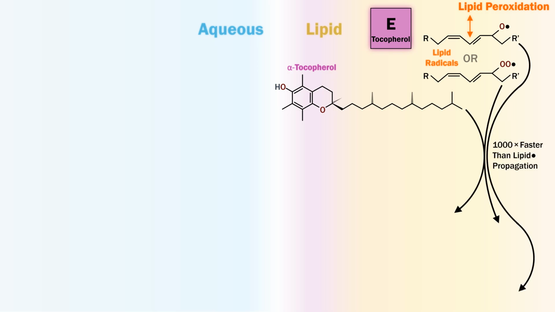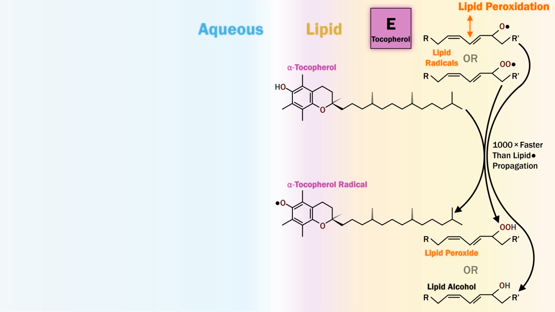It does this by becoming a radical itself 1,000 times more efficiently than polyunsaturated fatty acids and interrupting propagation of the chain reaction. The vitamin E radical is relatively stable because it's dispersed through an aromatic resonance structure. Of course, it still needs to be converted back to its non-radical form to continue to function.